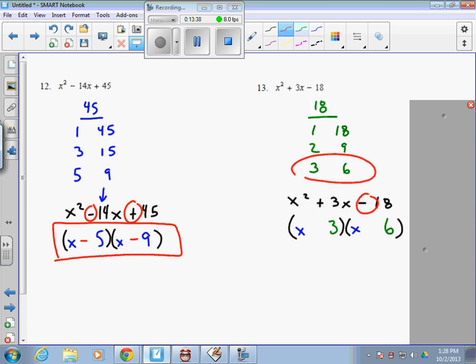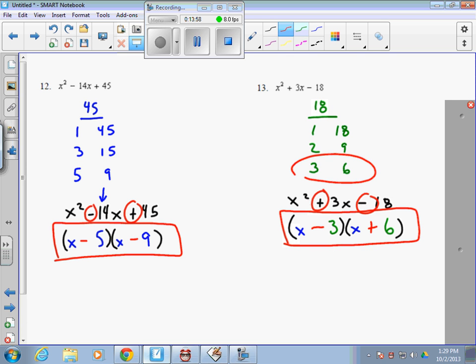If it's minus, they're going to be different. One's plus and one's going to be minus. Since they're different, the sign in front of the second term tells you the larger absolute value is going to be plus. So 6 is a higher value. It's plus. They have to be different. So 3 has to be minus. So x minus 3 times x plus 6.